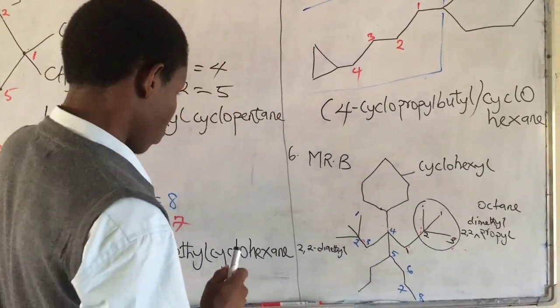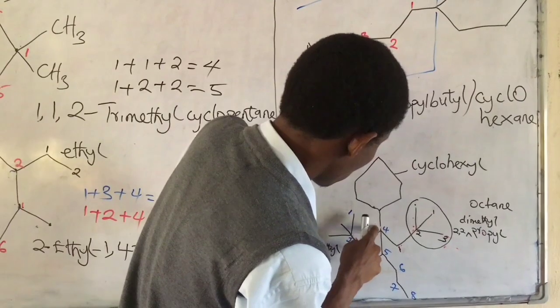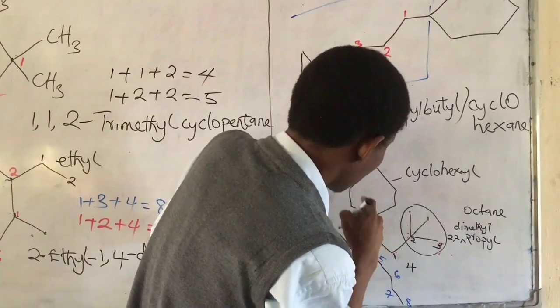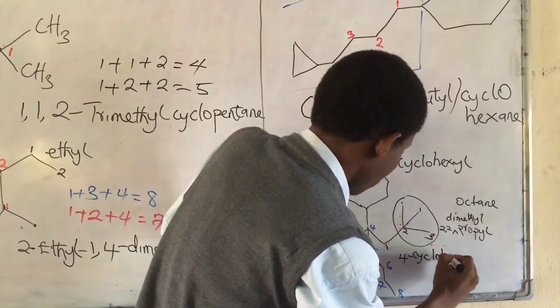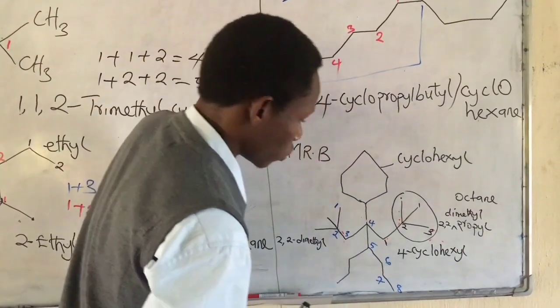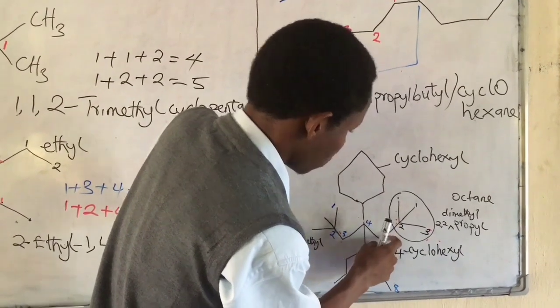Let's get the name of this compound. Okay. We have 4. Which is this 4? 4-cyclohexyl. We've gotten that. Okay, let's go to the next substituent, which is this.